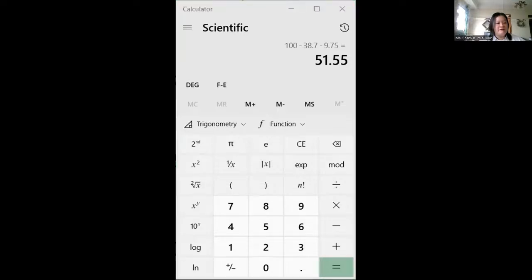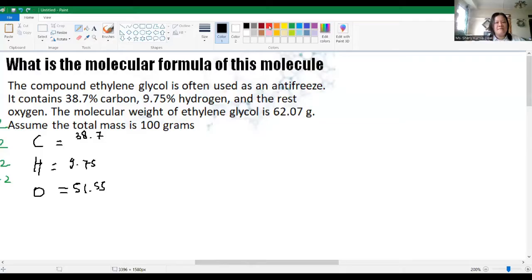It's 51.55 here. And then you need to divide it by the MAR. So this one divided by 12, this one divided by 1, and this one divided by 16. Okay, that is the moles. I will use blue.